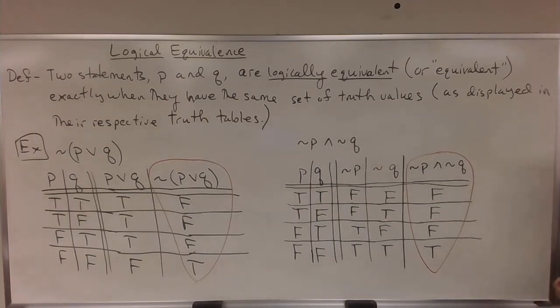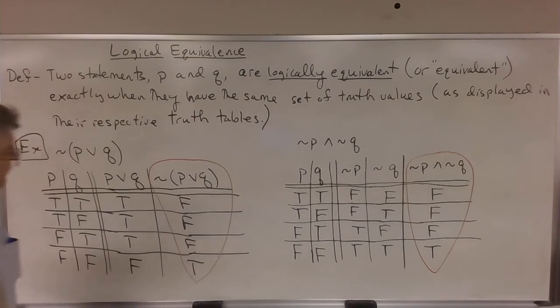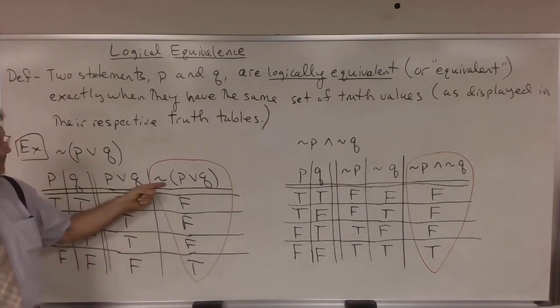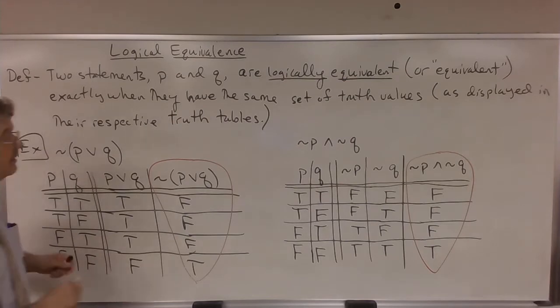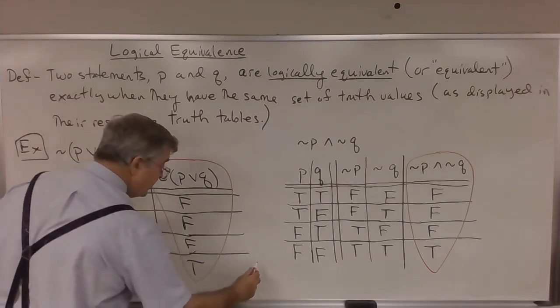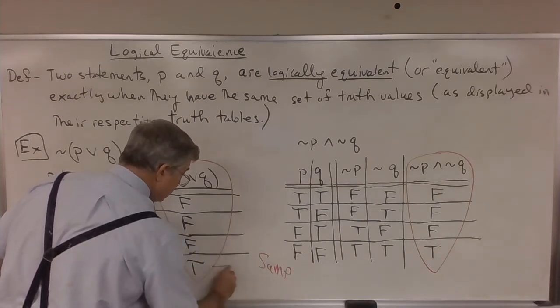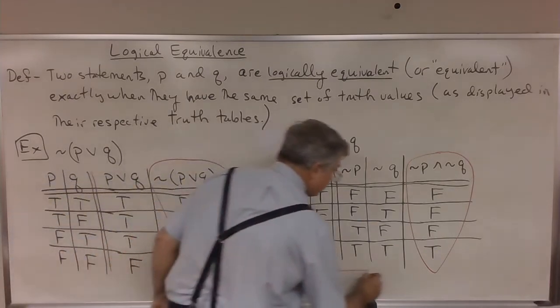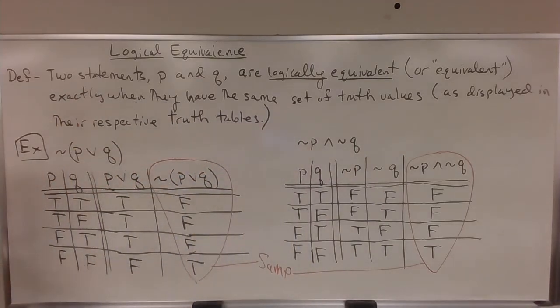And guess what? The truth values for this statement, false, false, false, true, are exactly the same as the truth values for this statement, false, false, false, true. Son of a gun. I'm going to make a note of that. They're the same.